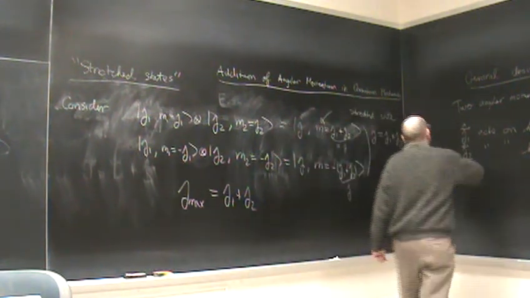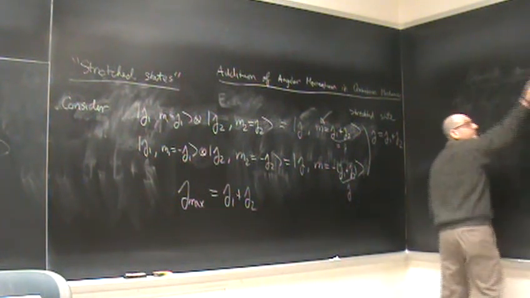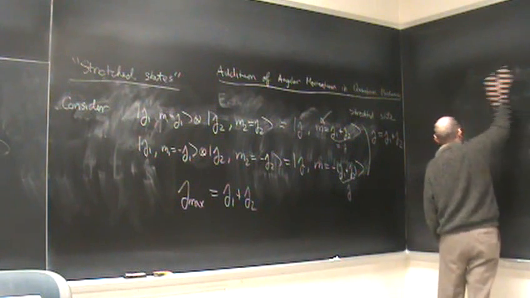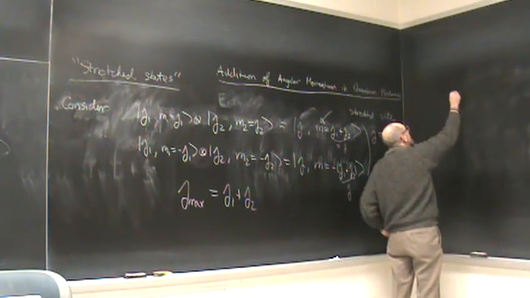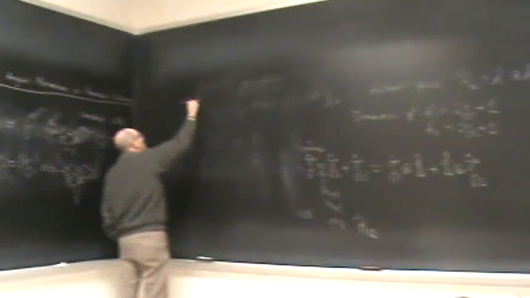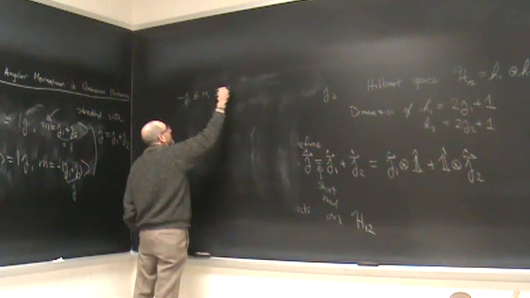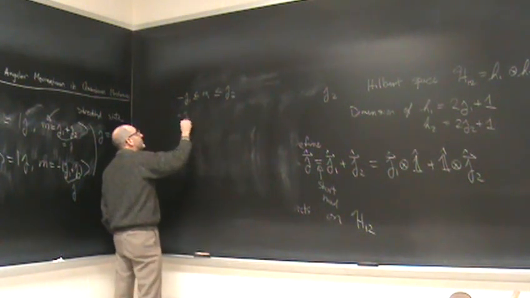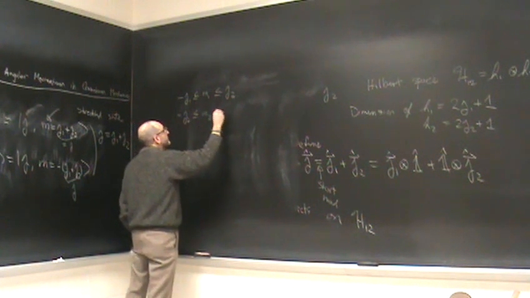So, what we could then see is the following. We know that M1 is between these guys. M2 is between these guys.